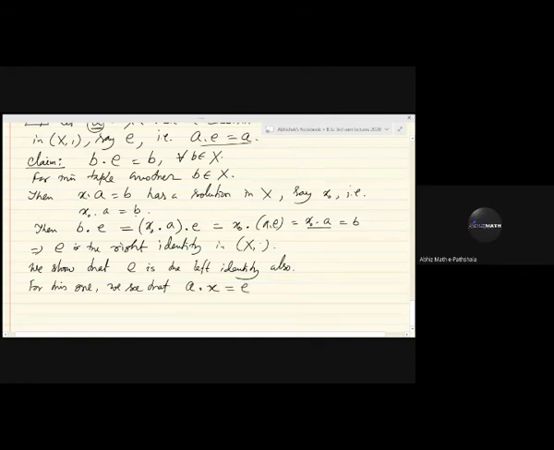Now you have the element e, and you have already considered this a. So now you take the equation a dot x equal to e. So this has a solution in x dot. Say the solution is a dashed. That is a dot a dashed equal to e.